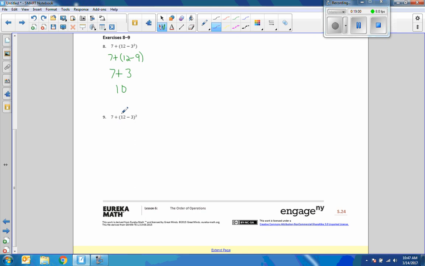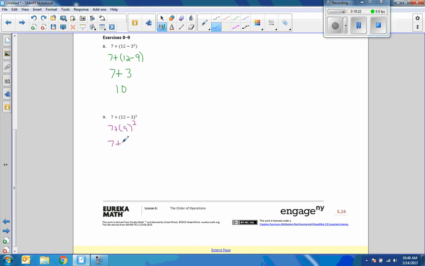And lastly, we have parentheses again, so we're not going to do anything here. We have 12 minus 3 squared. So we're going to do what's in the parentheses first. Parentheses come before exponents. 12 minus 3, 9. And now we're just going to square the 9.